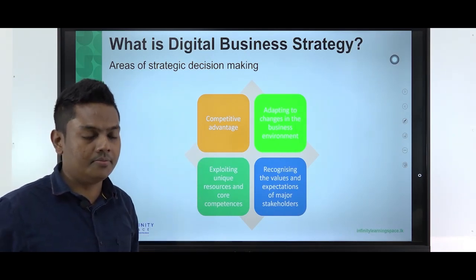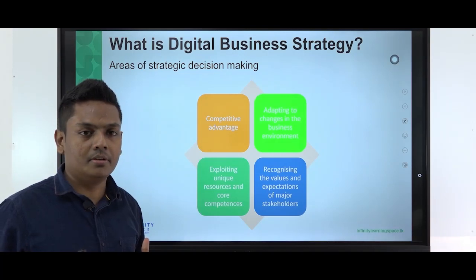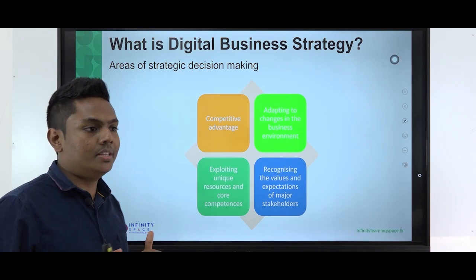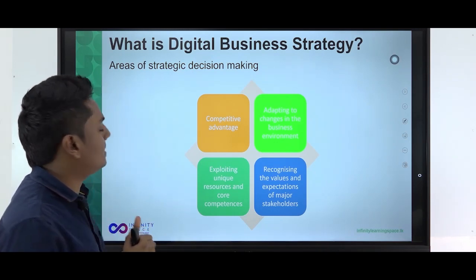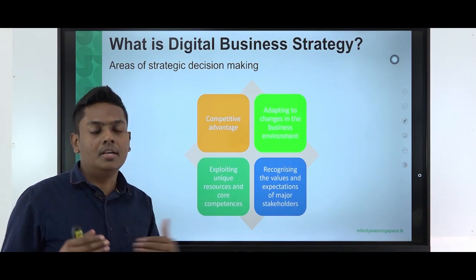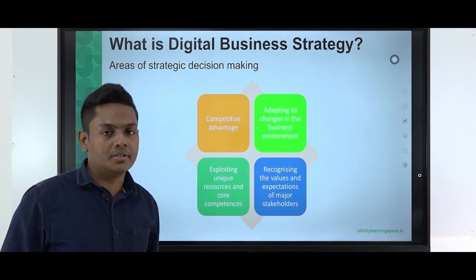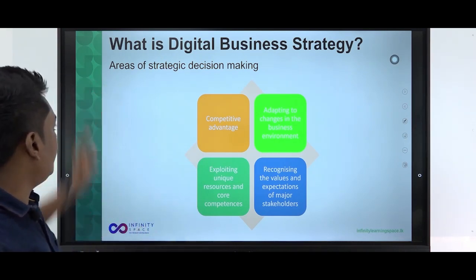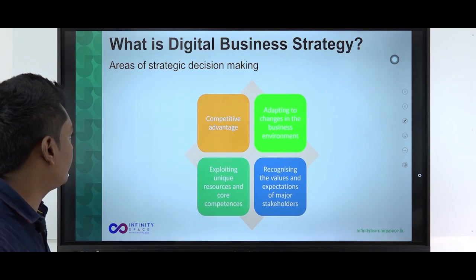So my focus is to give you all the initial understanding and set you up with the strategic concepts to make you thorough with that before we go ahead with the practical things in these organizations and these digital things. Okay, so areas of strategic decision making.